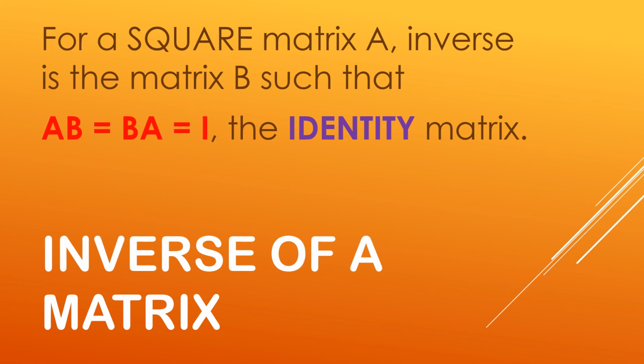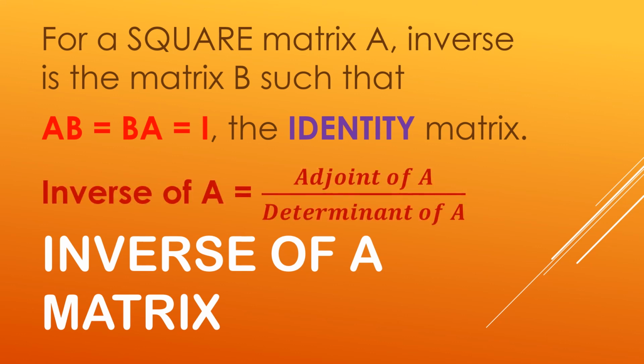But for the inverse of a matrix to exist, A into B equals B into A equals I, the identity matrix. And the formula for calculating the inverse is that inverse of A equals adjoint of A by determinant of A. Thank you.